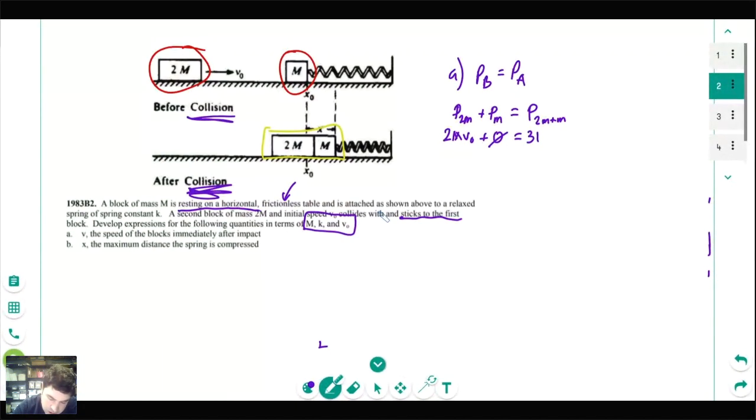That's going to give us 3M moving at some speed, v. And our goal is to find v. All right, so a little bit of math here. The M's can both cancel out. We'll get 2 v naught over 3 as our ending velocity, and that is our final velocity for the situation.